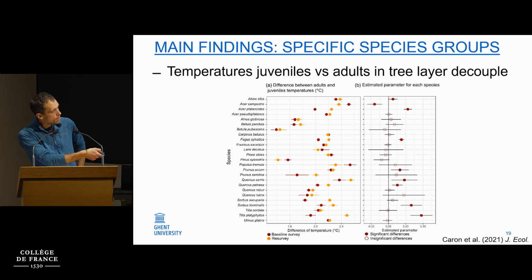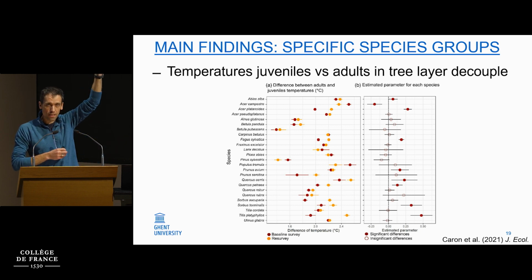So what we plotted here for 26 species, if I remember well, 26 very common species in European forests, is the temperature difference between what an adult tree experiences above the canopy, so in the free atmosphere, and the temperature that a young tree regenerating in the herb layer is experiencing.